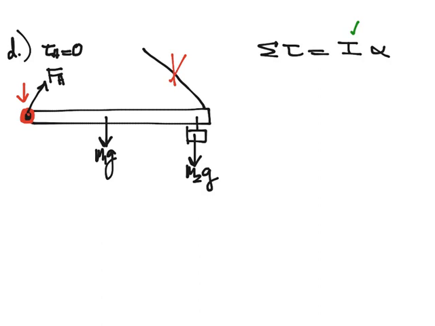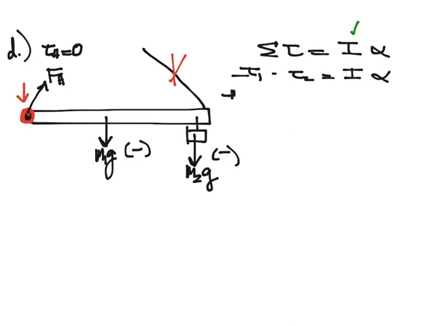Okay, so we have to calculate our torque. Both of these torques will be negative. And so we have minus torque 1 minus torque 2 equals I alpha. Again, I'm going to wait to plug in any numbers till the end.